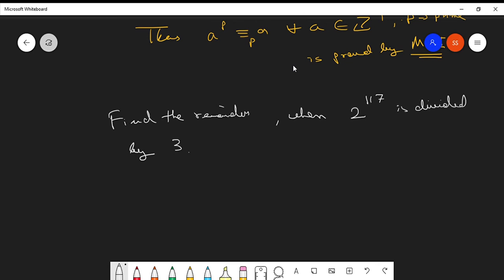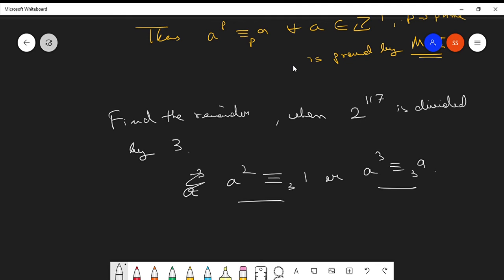Now we know that a to the power 2 will be congruent to 1 mod 3, or you can write a to the power 3 will be congruent to a mod 3. Clear? We can use this as well as this, not a problem.